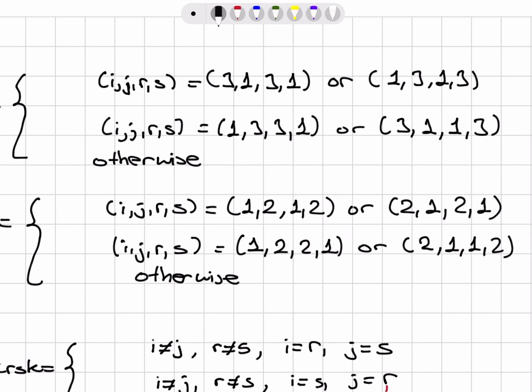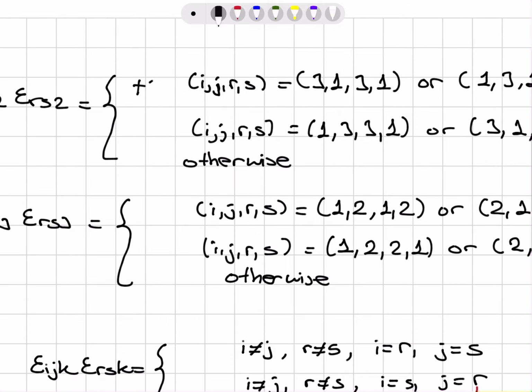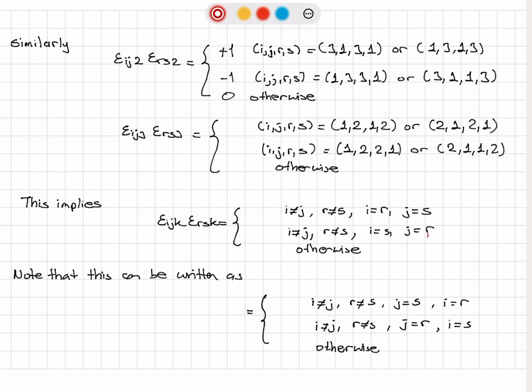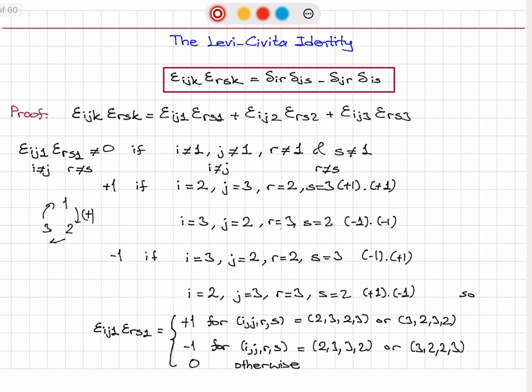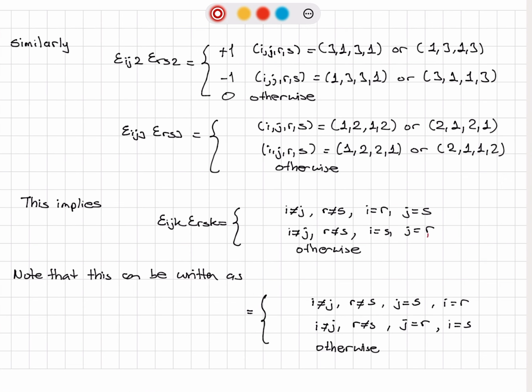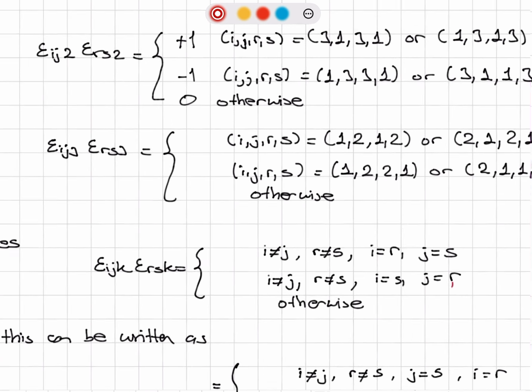It will give me a plus 1. And if it's 1, 3, 3, 1 or 3, 1, 1, 3, it is minus 1 and 0 otherwise. And when i and j take these values, 3 and 1 or 1 and 3, the other terms will give me 0, and this is the only one that will give me a non-zero answer, either plus 1 or minus 1.